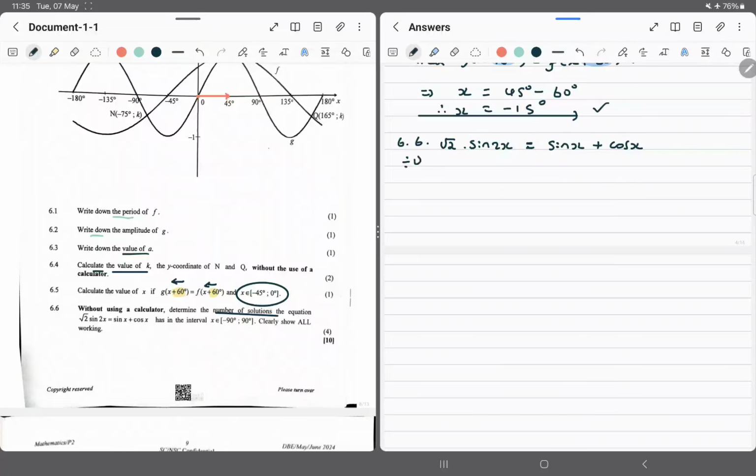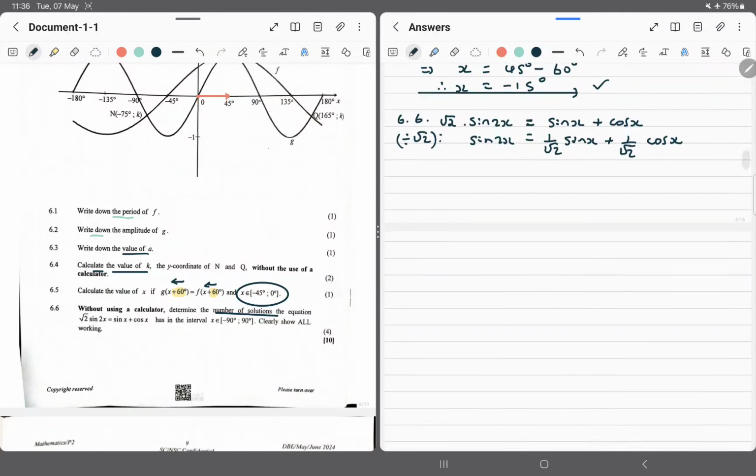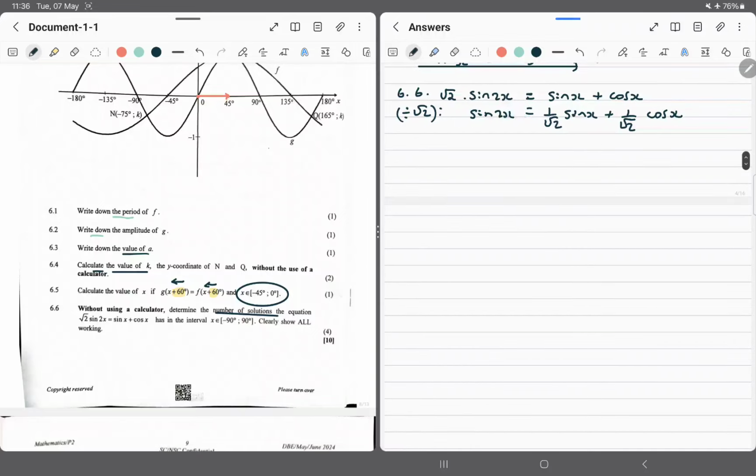So let's just divide by the square root 2. We can do whatever we like in maths. Now that means this is going to be sine 2x is equal to, let's just put it nicely and factor it out, 1 over root 2 sine x plus also 1 over root 2 cos x. What I'm getting at is to try and make everything look like a sine identity, right?